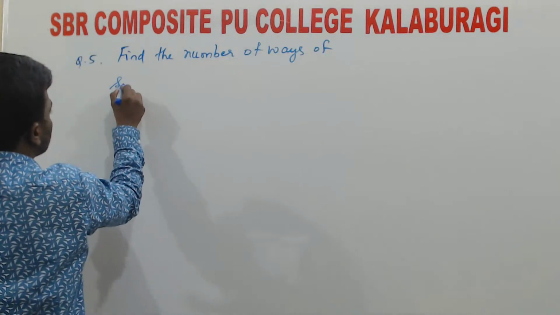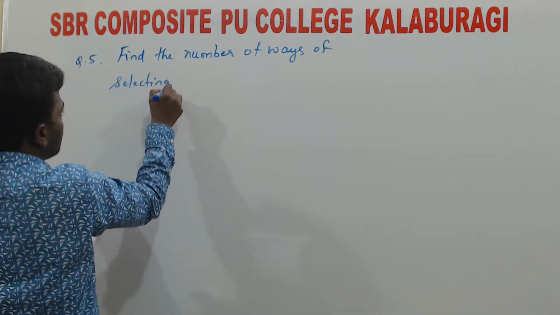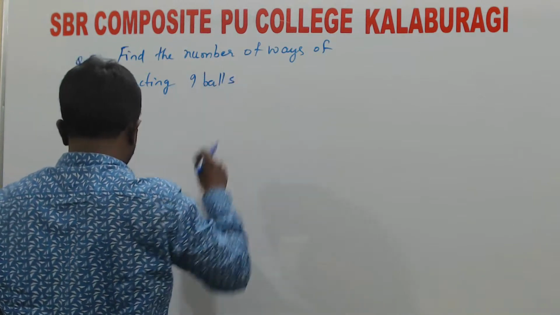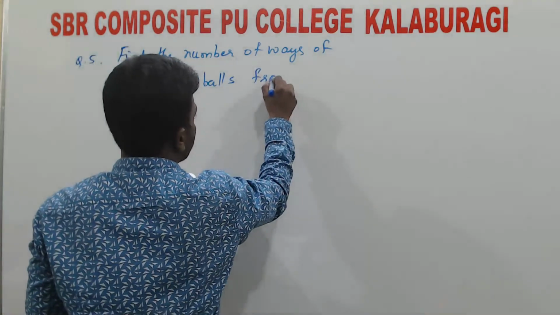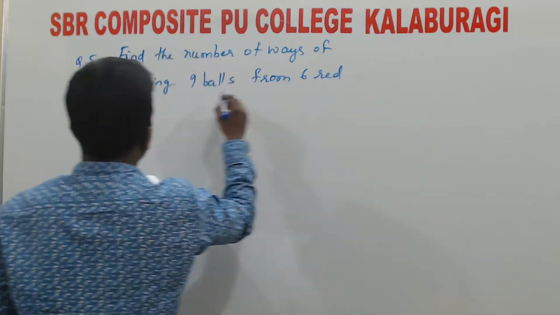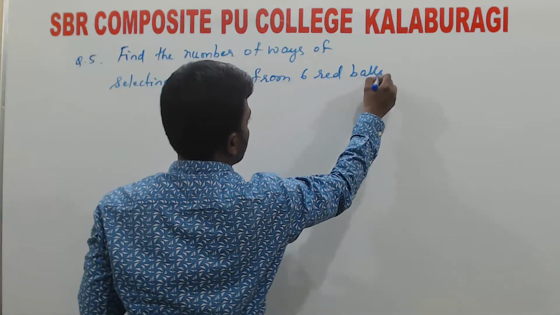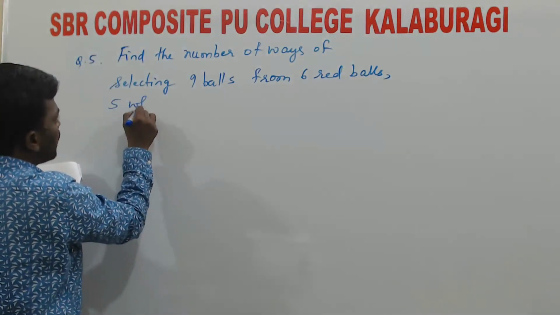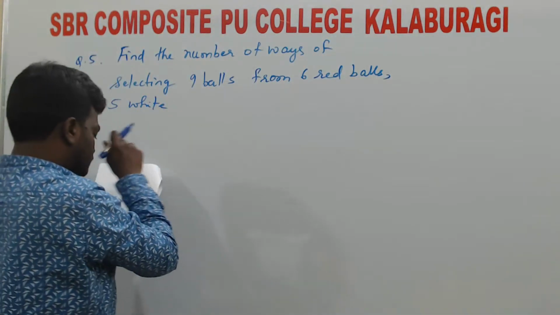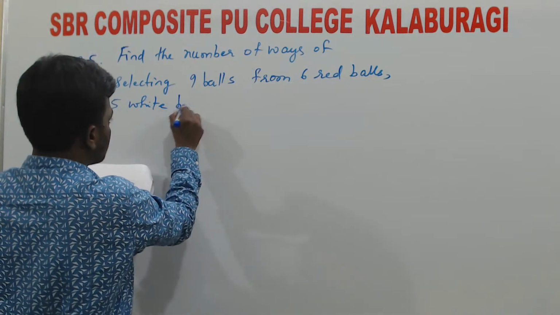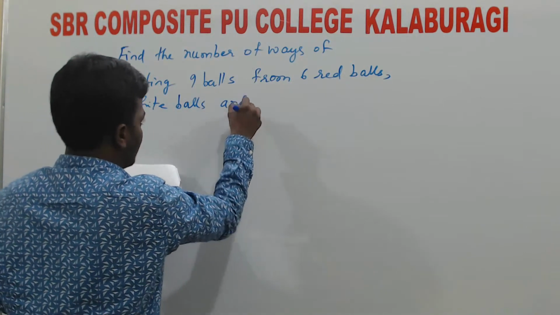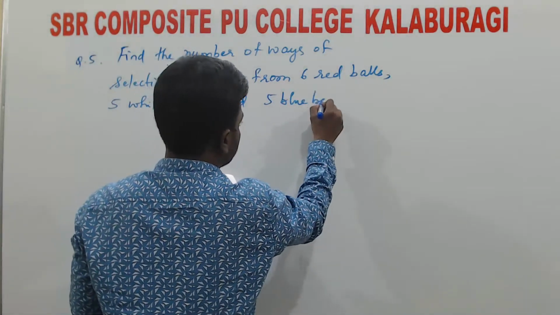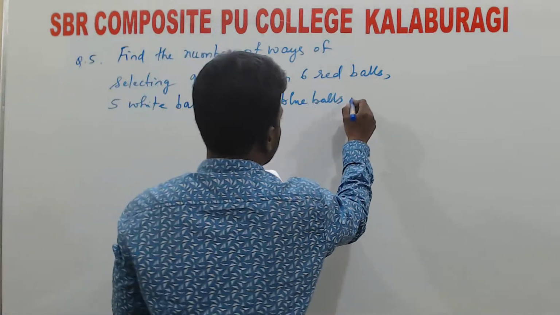Number of ways of selecting 9 balls from 6 red balls, 5 white balls and 5 blue balls.